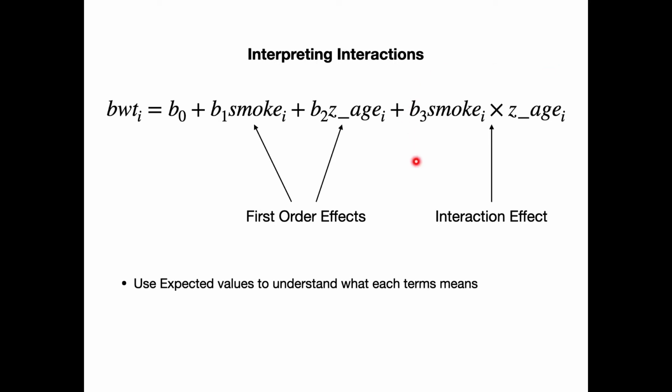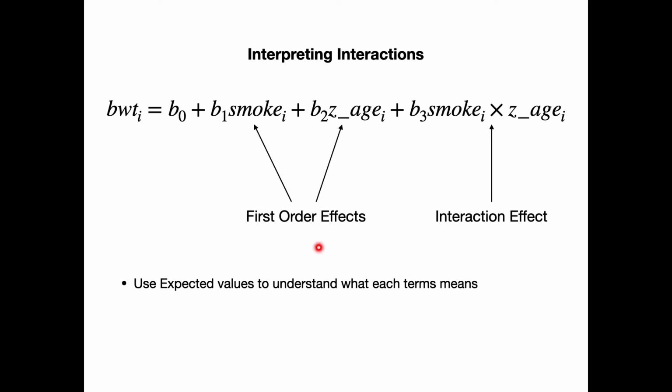Okay, a couple of additional terminology things as we delve into the interpretation. B3, this smoke by zAge, is our interaction effect or interaction term. B1 and B2 are your first order effects. You'll sometimes hear these called main effects, and I know why people use that term, but I think it can be confusing because it comes out of the ANOVA language, and main effects in ANOVA mean something different than first order effects in regression.